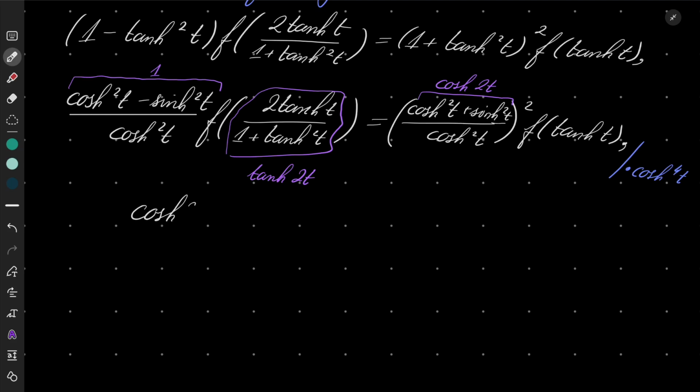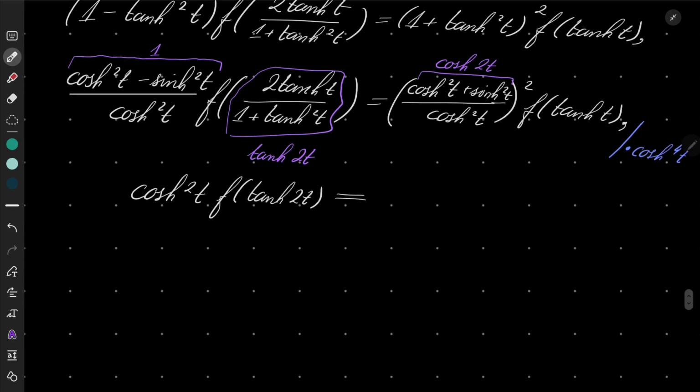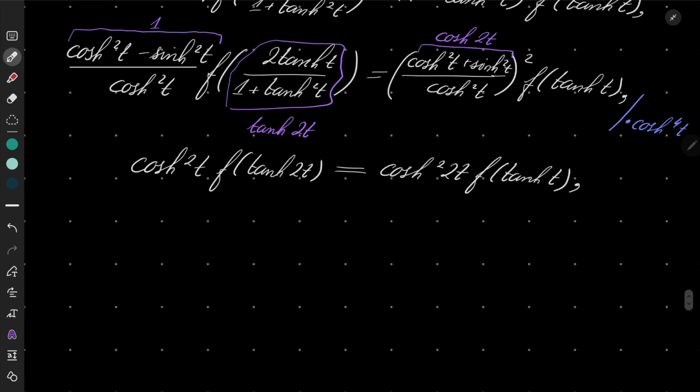Hyperbolic cosine squared of t times f of hyperbolic tangent of 2t equals hyperbolic cosine squared of 2t times f of hyperbolic tangent of t. Well, and I will write it in this way. After division, I have the following.